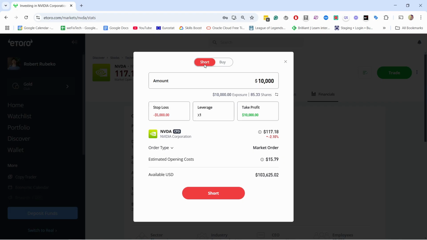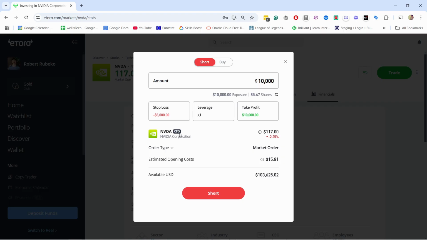Like right now, NVIDIA is going down and shorting it might be a good option. But if you're a beginner, I would stay away from shorting for two reasons. First of all, it turns into a CFD and that way you can short it, so there's higher costs with it. And also the biggest drawback of shorting is that you can lose a lot of money, because the maximum you can make is doubling your money.